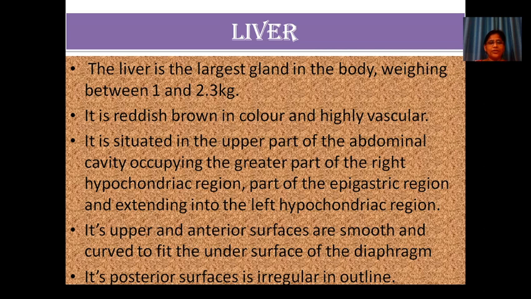The liver is situated in the upper part of the abdominal cavity, occupying the greater part of the right hypochondriac region, part of the epigastric region, and extending into the left hypochondriac region. So a major part of the abdominal cavity is occupied by the liver.